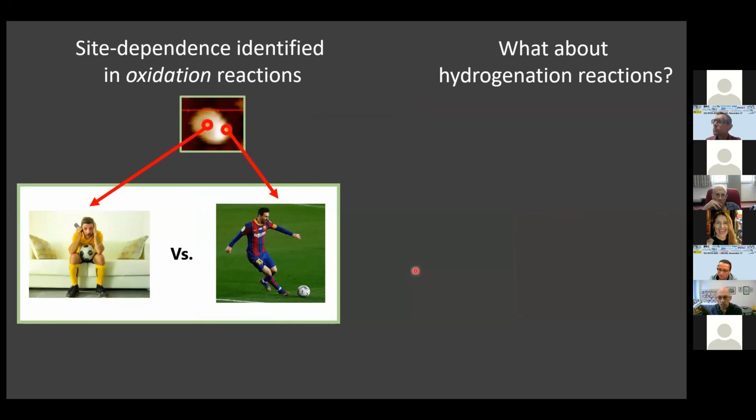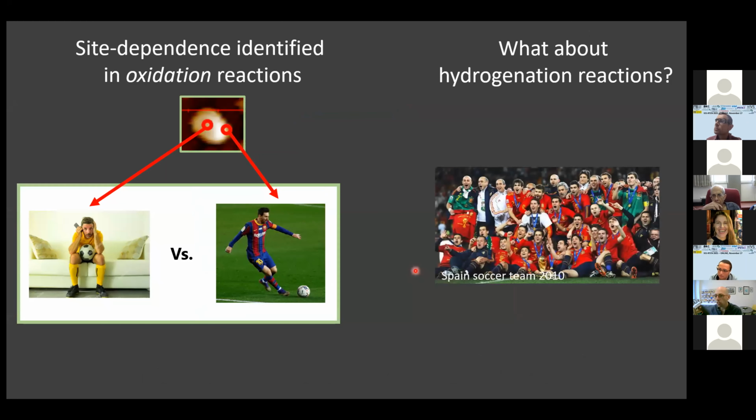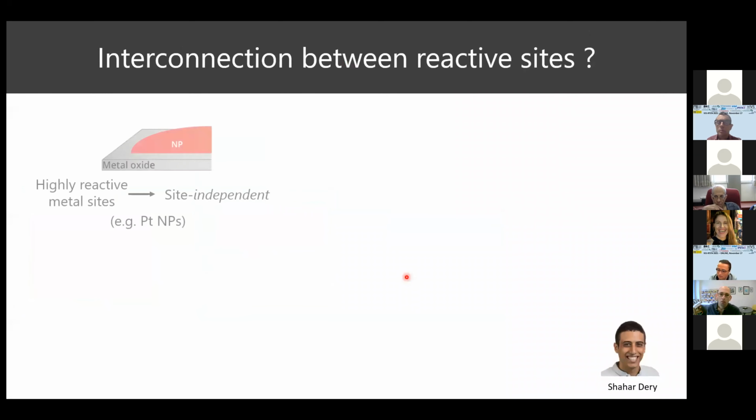And then we ask the question, what about the hydrogenation reaction? And I want to share with you that in the hydrogenation reaction, we're talking about a teamwork. And we can see the interaction between different sites and how different sites influence the reactivity. So when we talk about a catalyst, usually we have two different scenarios.